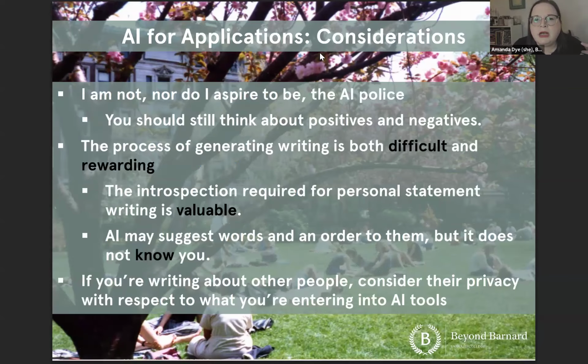I personally am not the AI police. I think that you should consider positives and negatives about using these tools in writing. My personal human perspective is that the process of doing this writing and revising your writing in a personal statement of this kind is difficult, but it's also very rewarding. I think that the introspection that you need to conduct a revision process successfully is actually really valuable.